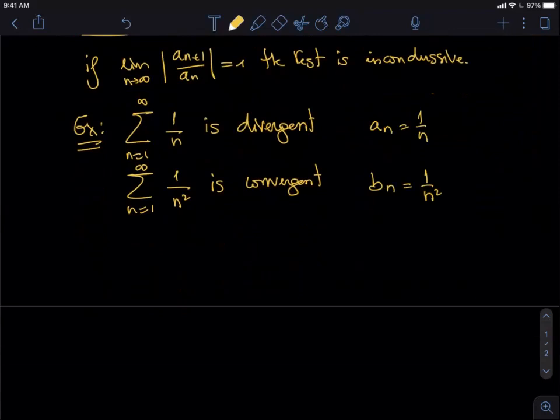These are actually examples for both the ratio and the root test, but let's do the ratio test first.